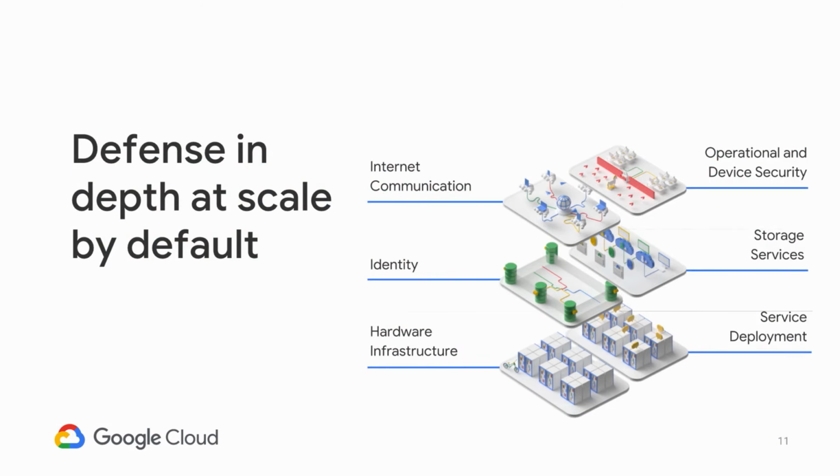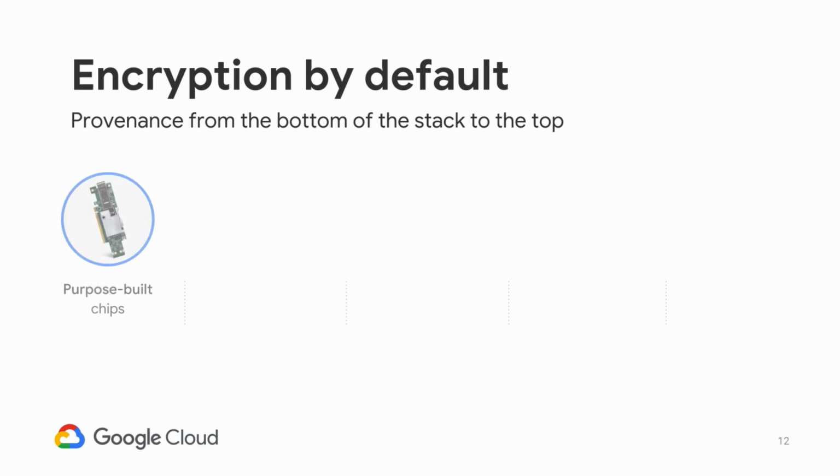And along with all this, we believe that we very much excel in security across the board at Google Cloud. So we employ a defense in depth, at scale, by default posture. From the hardware level, in terms of the actual infrastructure, to the higher levels, which are things like operational and device security, we ensure that we have all those checkboxes checked, and we're making sure that you embrace that security model that we bring to the table.